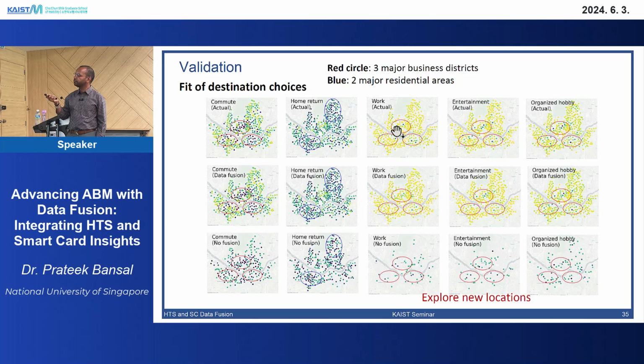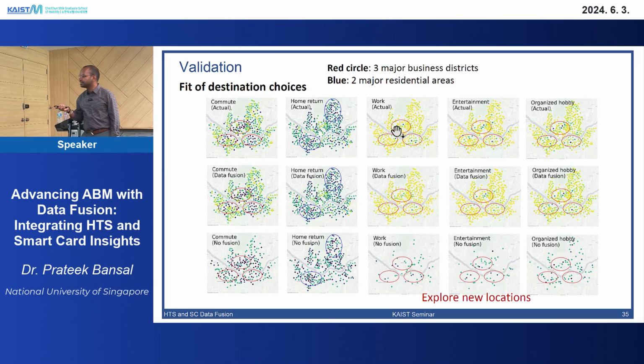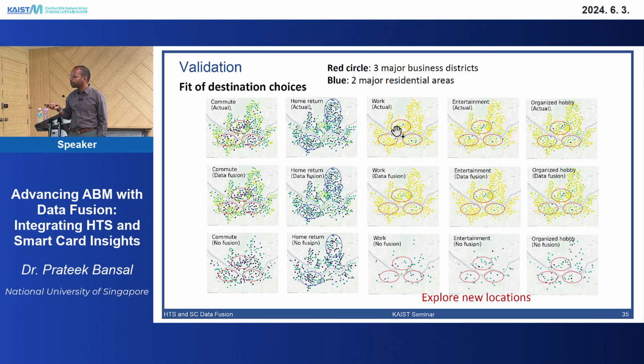If you look at the actual, data fusion, and no fusion distributions, there are not many differences, but darker means more density and yellowish means less density. In terms of the commute, data fusion and the actual, we are able to represent these distributions quite well in the generated one. But the no data fusion distribution is not as well matched with the actual distribution.